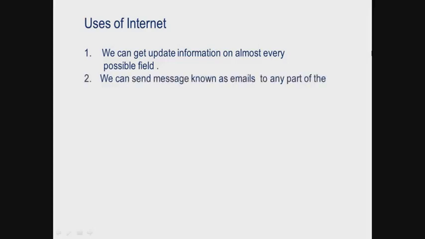Next, we can send messages known as emails to any part of the world very easily. Emails, that means electronic mails. How can we send these electronic mails today? We know we need a computer, but through a smartphone also we can send this. That means several devices or gadgets are around us which can help us to access the internet.